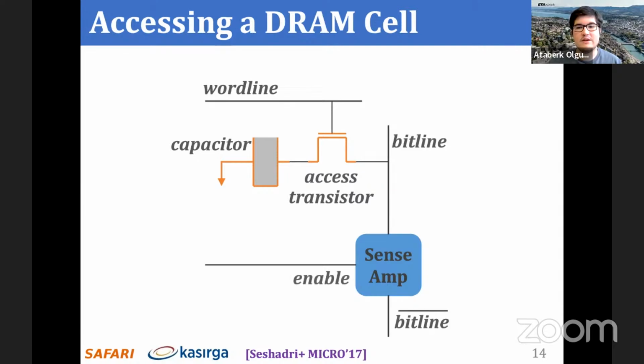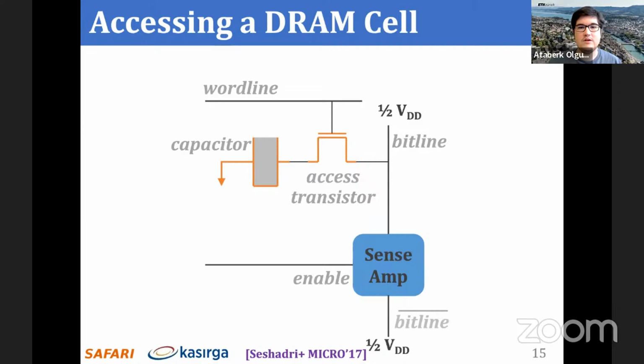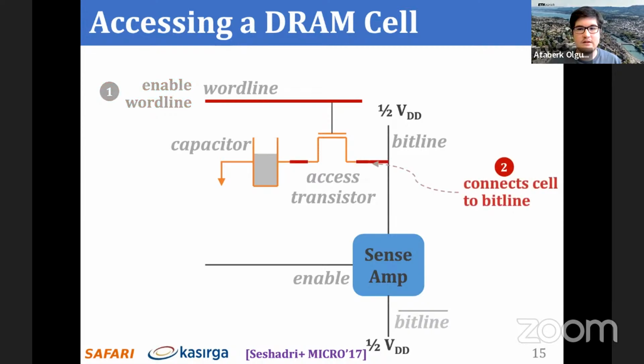The DRAM sense amplifier has an enable signal, which determines if the sense amplifier is currently active. Initially, both the access transistor and the sense amplifier are disabled, and both ends of the sense amplifier are maintained at half VDD. In this example, the capacitor is fully charged. To access the cell, we first enable the wordline, and this connects the capacitor to its bitline.